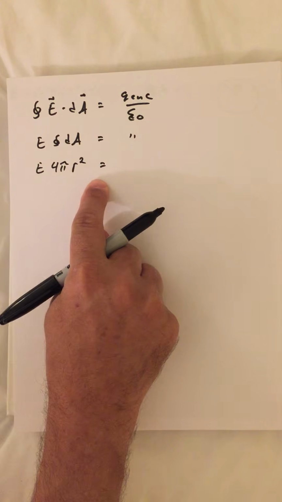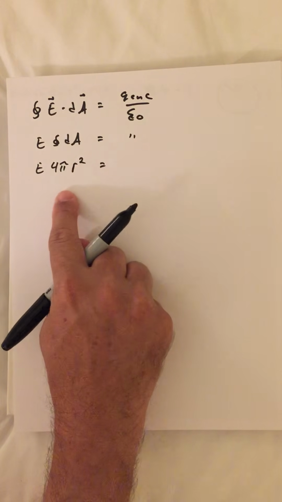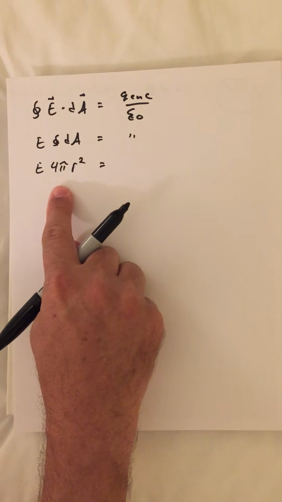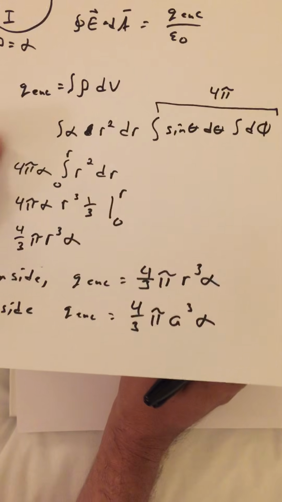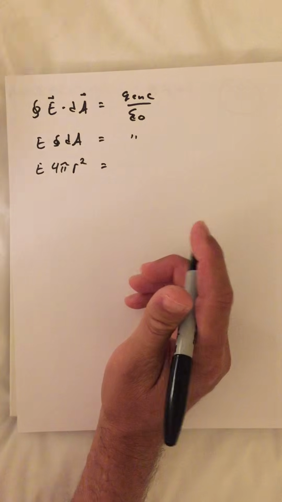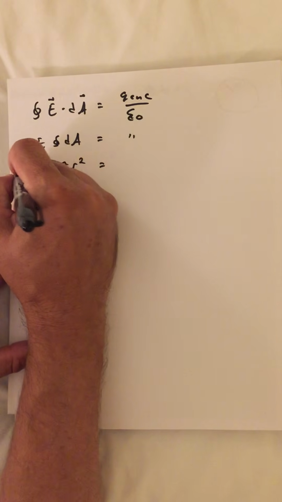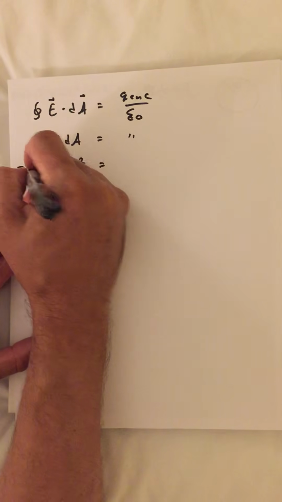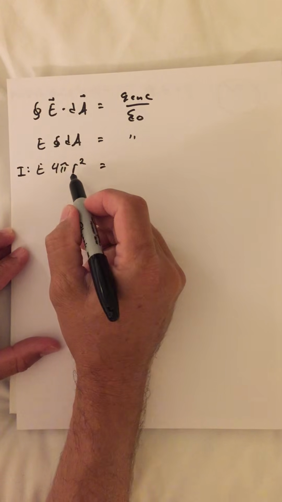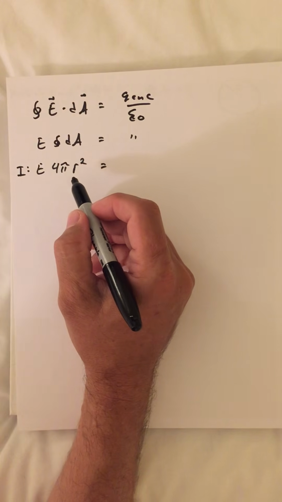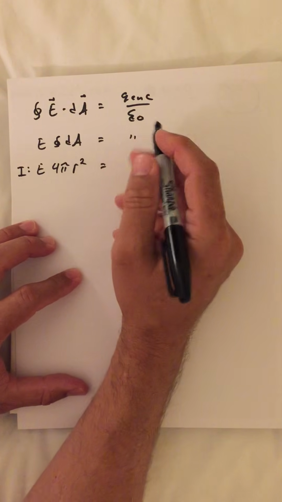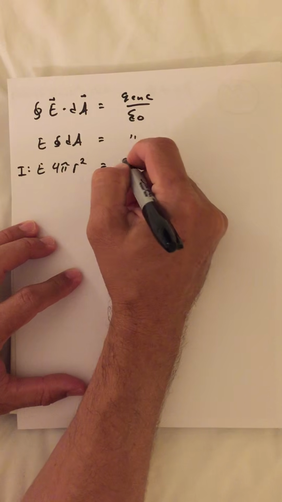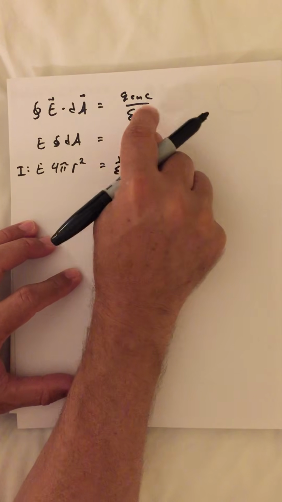Now I'm in a position to say, okay, am I looking at this inside the sphere or outside the sphere? Let's look inside first, just for the fact that I've called that region 1. So in region 1, E times 4 pi r squared, remember this is the radius of my Gaussian sphere, that's the radius at which I'm evaluating this, is equal to, inside the sphere I get 1 over epsilon naught from here.